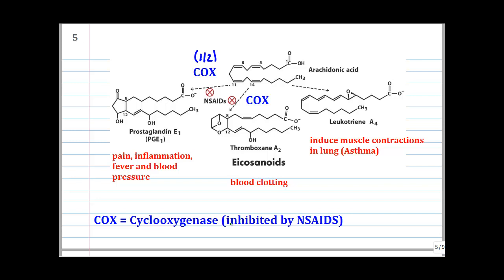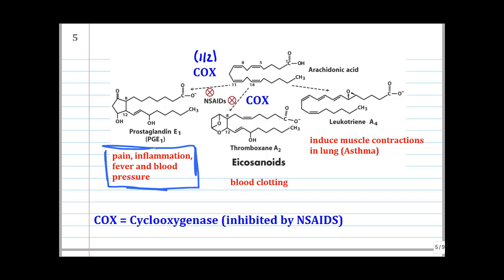And again, these prostaglandins are what's causing us some problems, because these prostaglandins lead to pain and inflammation. So they have a lot of different functions, but the 2 that we're really concerned about in this class are pain and inflammation.